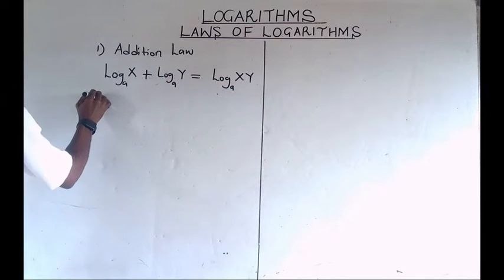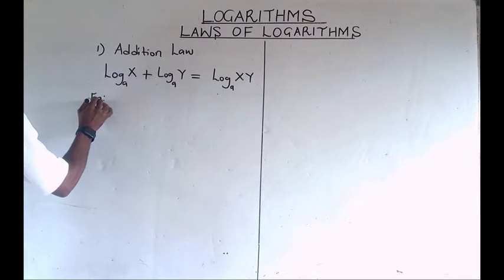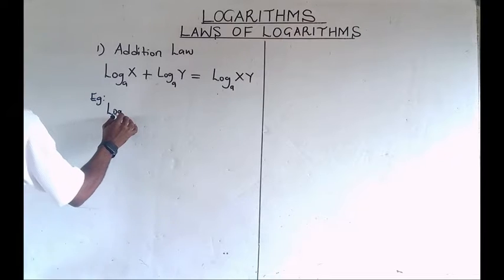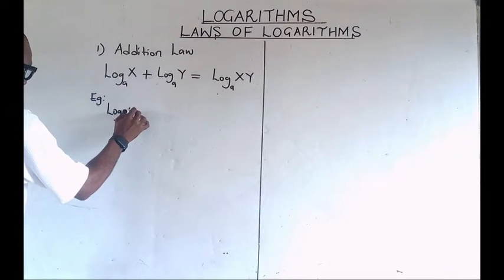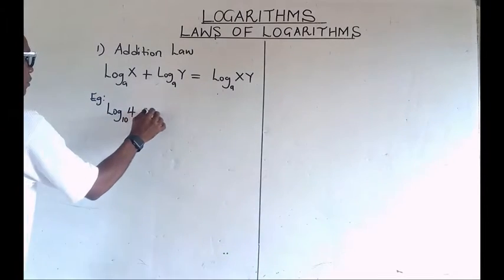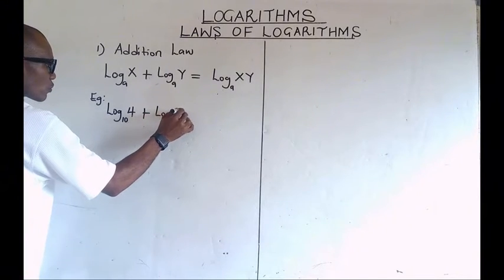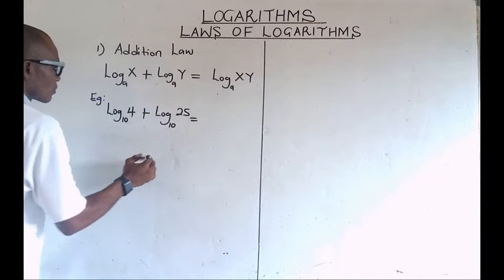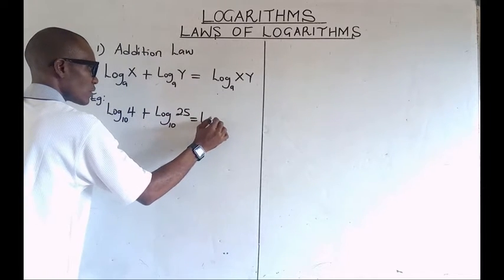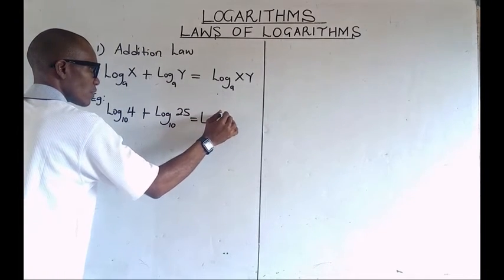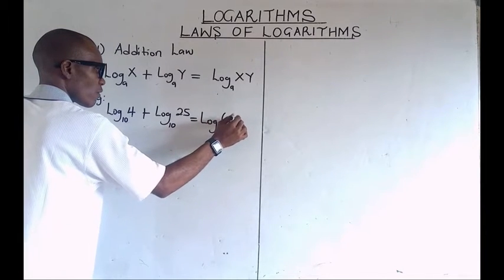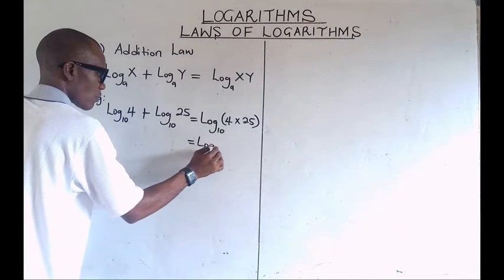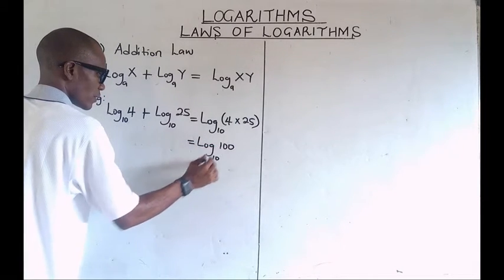So, for example, if, say, log 4 base 10 plus log 25 base 10 is equal to, you take the product, log base 10 of 4 multiplied by 25, which is log 100 base 10.